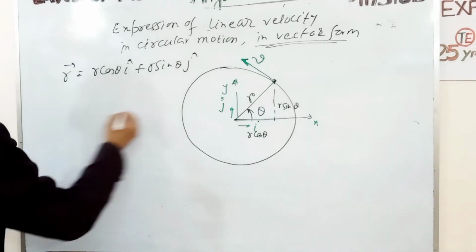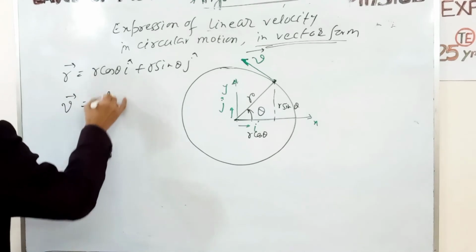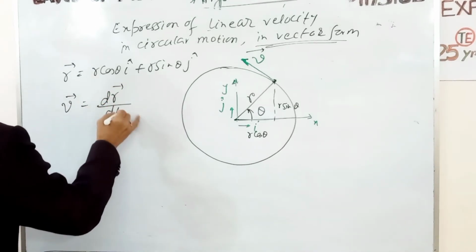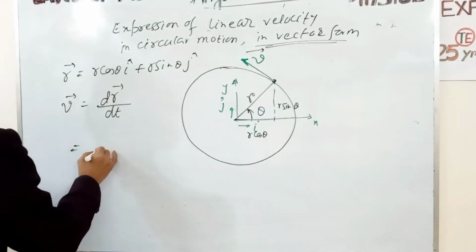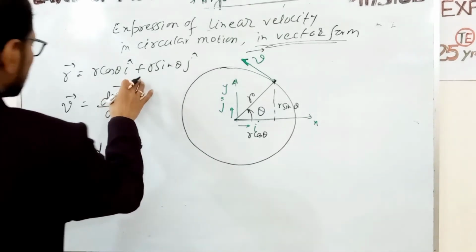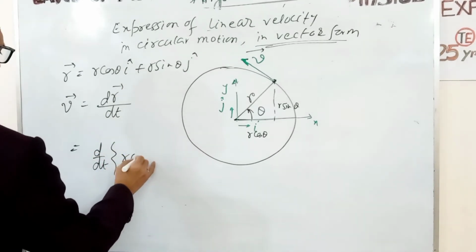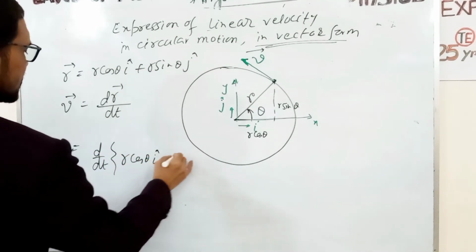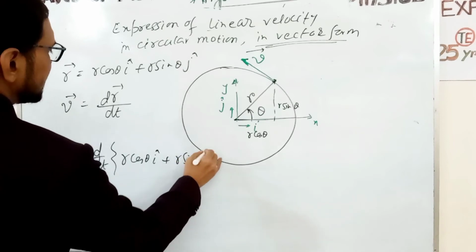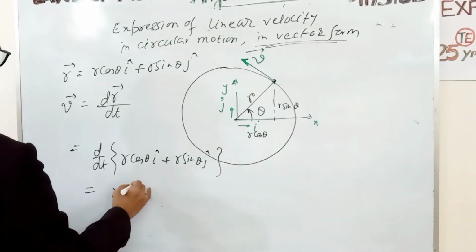Now what is v? We know v equals dr by dt. So we have to take the derivative with respect to time of r cos theta i plus r sin theta j, which is equal to r.